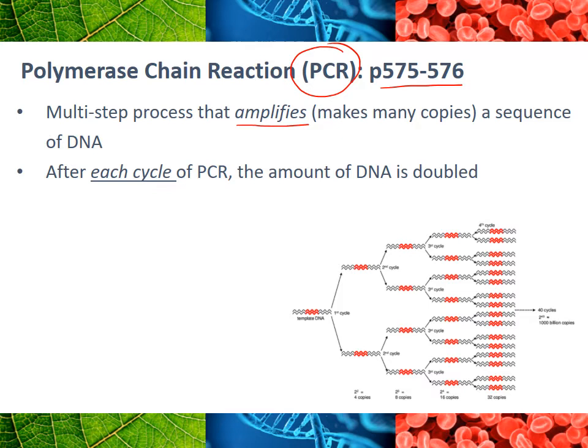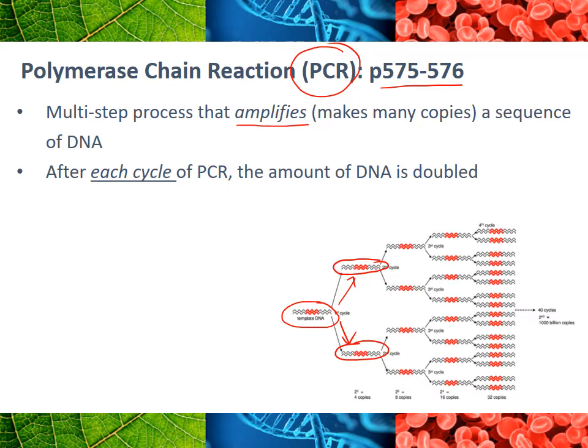After each cycle of PCR, and we'll look at that more in a minute, we double the amount of DNA that we have. So in this picture, we start with one fragment of DNA. We go through a cycle of PCR and we end up with two fragments. So we've copied it.